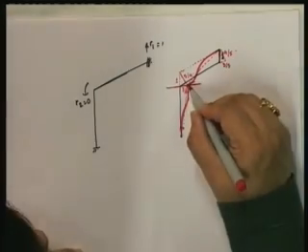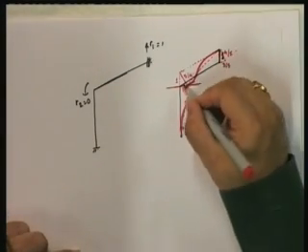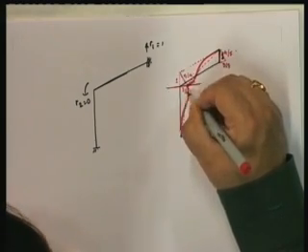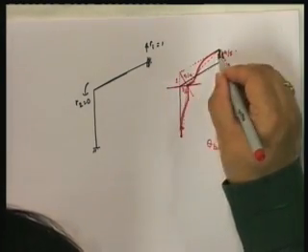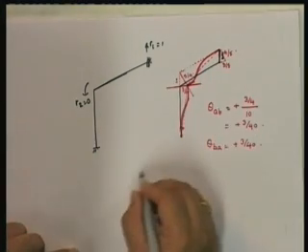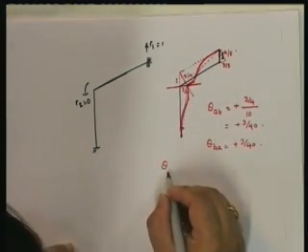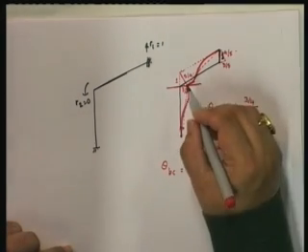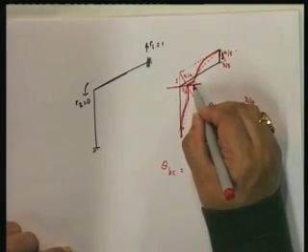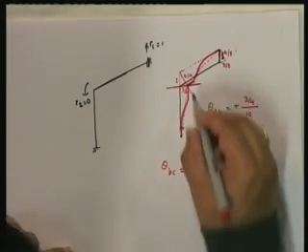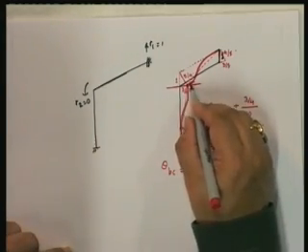What about this one? If you look at this, the total displacement of this is 5 by 4. This has moved by 5 by 4. And what is the length? 10. So therefore, theta BC is going to be equal to, now look, from the chord to the tangent, what is it? Minus, because it's clockwise from the chord.